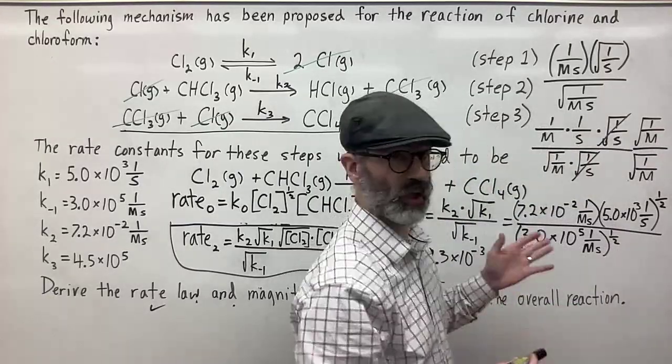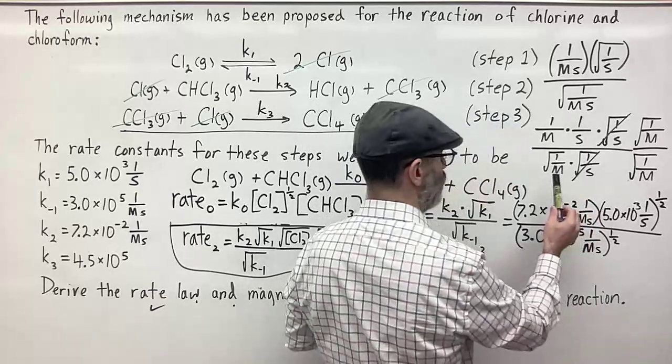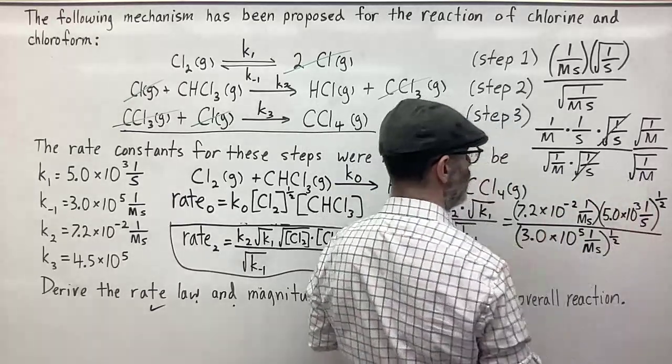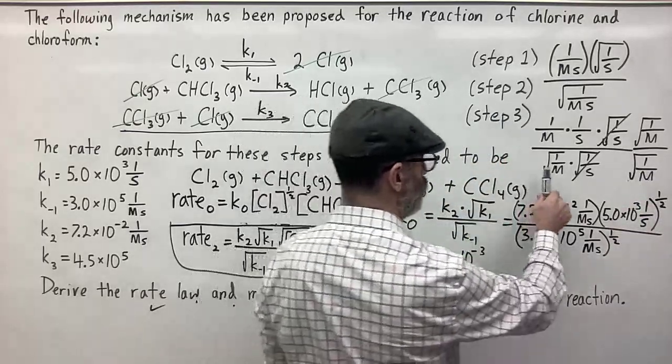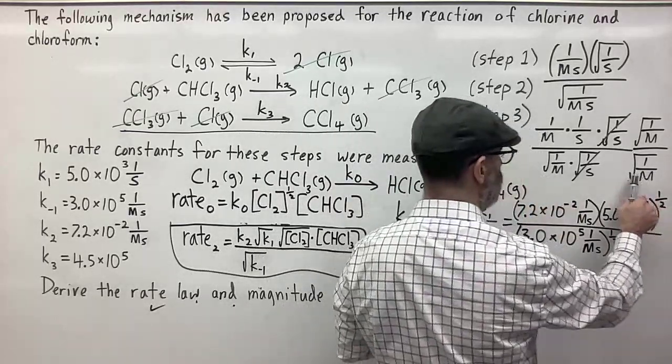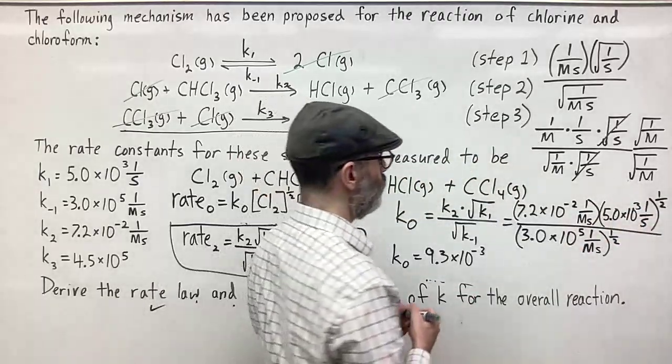Okay, so far so good. Now look what happens. If I multiply the square root of 1 over m times the square root of 1 over m, I get 1 over m.